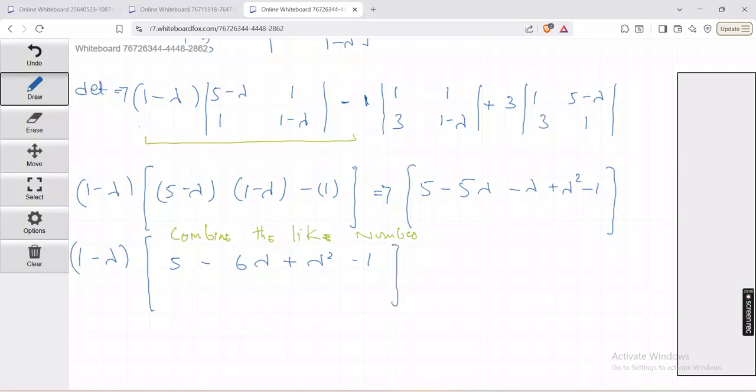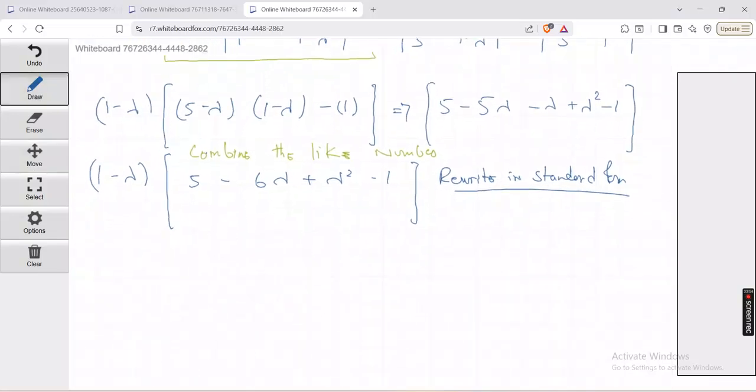Then you rewrite it in standard form as we did previously. This part will remain the same; you will solve it in the end.